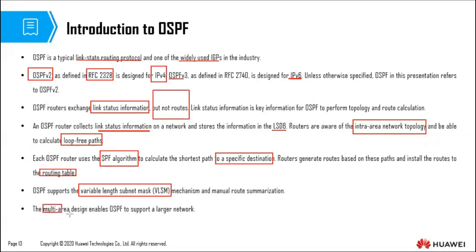So multi-area design enables OSPF to support a larger network. So we are going to understand how. For now, just put that in your mind, that because we can calculate multiple areas, that's what they're calling multi-area, then we can scale our network. We can scale our network to expand and become bigger and bigger.